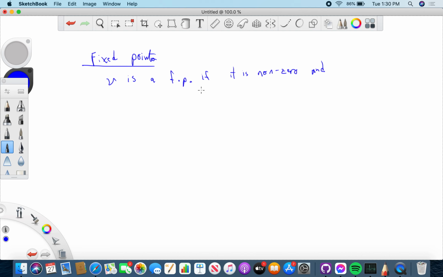We should say v is a fixed point of A if it is non-zero and vA equals v.